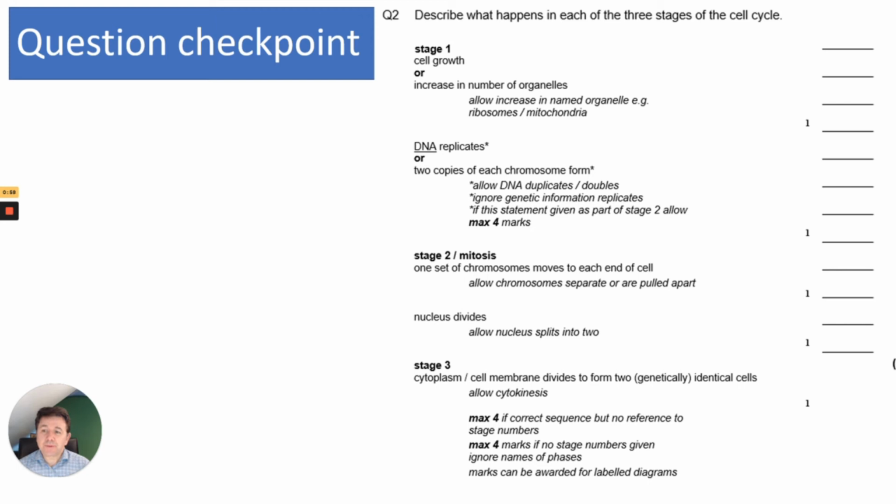Stage 2 is mitosis, so one set of chromosomes moves to each side of the cell, the nucleus divides, and then stage 3, cytoplasm divides to form 2 identical cells, or you could quite simply just say cytokinesis occurs. So you get 4 marks if there's a correct sequence, okay? You've got to mention the stage numbers though in your answers to get the full marks.